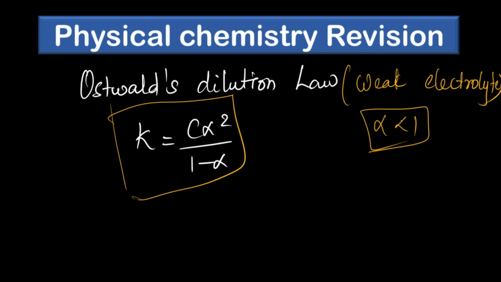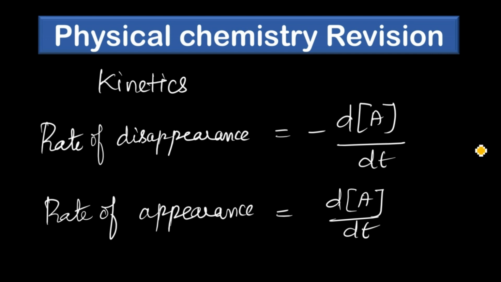Now we are moving on to the next chapter, that is kinetics. Kinetics is very simple, with very few formulas, but you can expect a question from this chapter. It is about how fast the reaction goes, that's it. If the rate of disappearance means the reactant is getting decreased, in that case the minus symbol will be given.